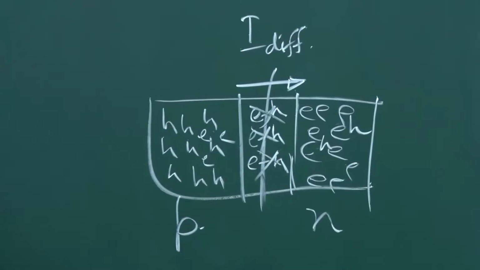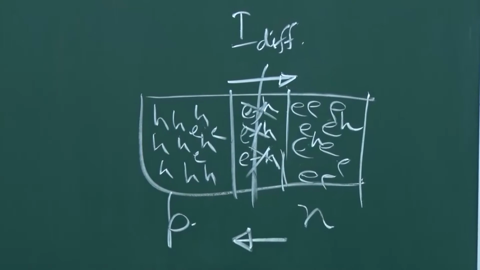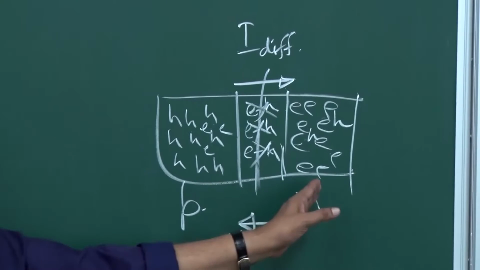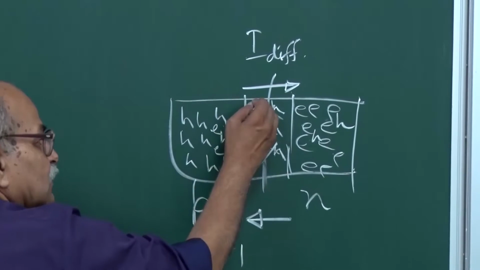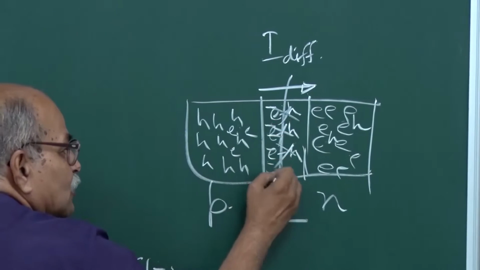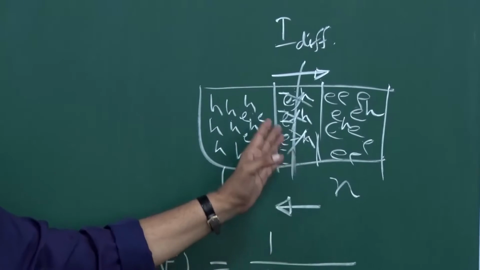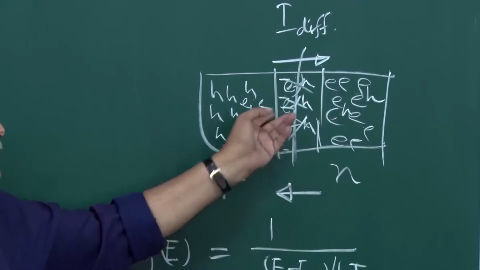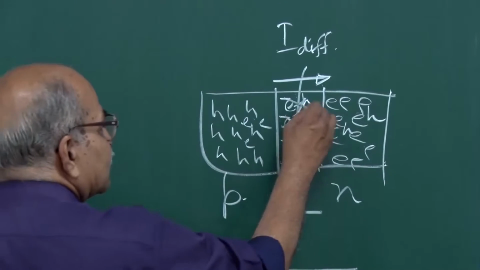In this picture the electric field is in the direction n to p, because all these negative charges will accumulate here. You will have negative charges, those impurity ions being exposed because the hole has migrated or it has recombined. So those ions are exposed. You have positive charges here.